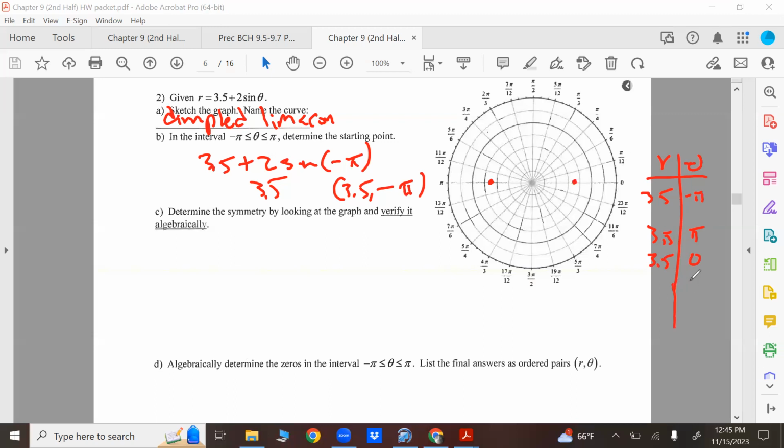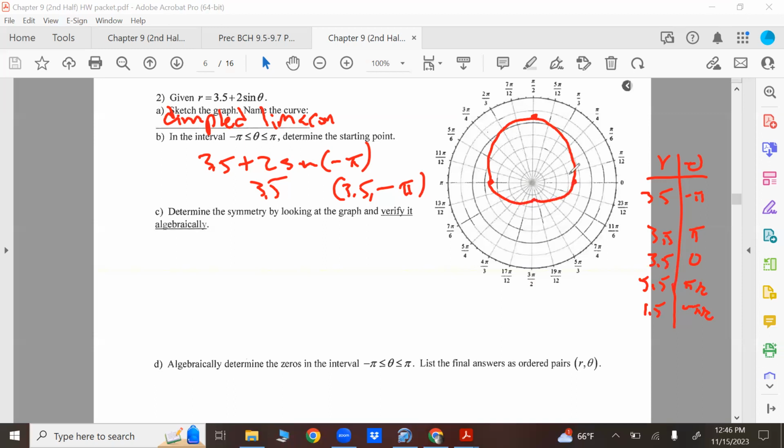If you plug in, say, pi over 2 or negative pi over 2, pi over 2 would be 5.5. Negative pi over 2 would be 1.5. So pi over 2 and 5.5, that's 1, 2, 3, 4, 5 right there. Negative pi over 2, 1.5. So it's kind of like that.